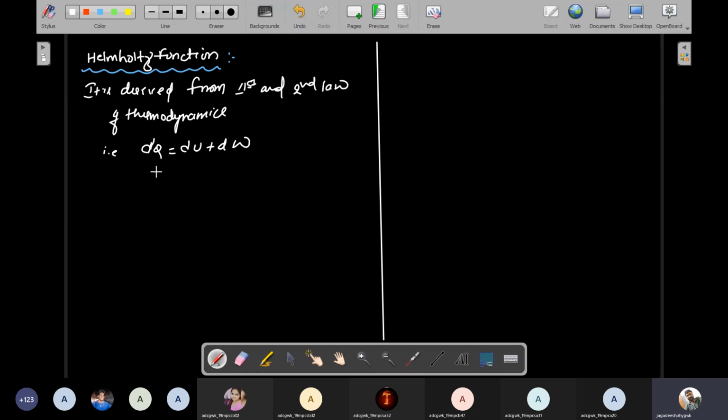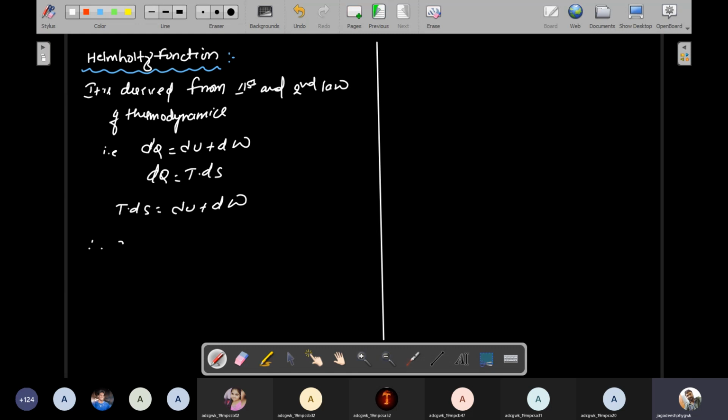And the second law of thermodynamics tells us dq is equal to T times ds. From these two equations, we can clearly write T dot ds is equal to du plus dw.